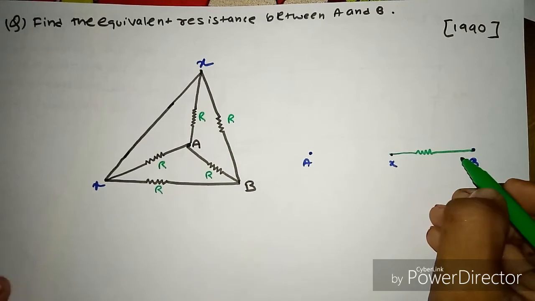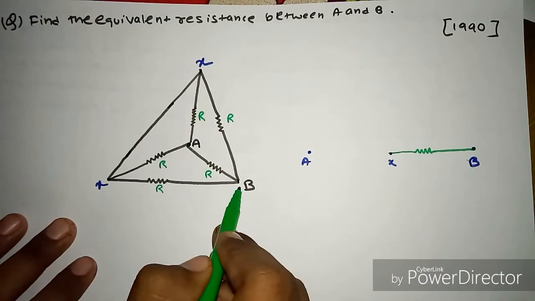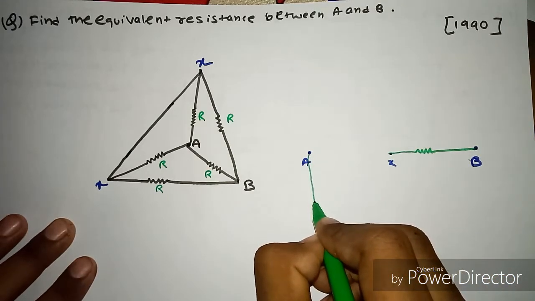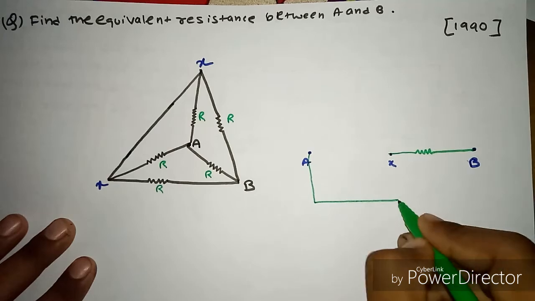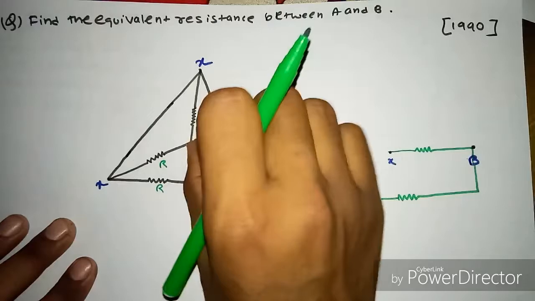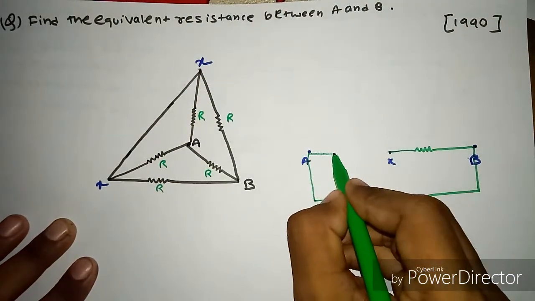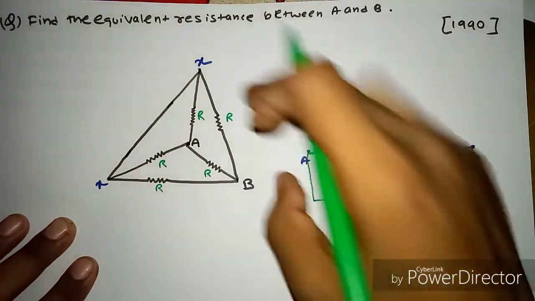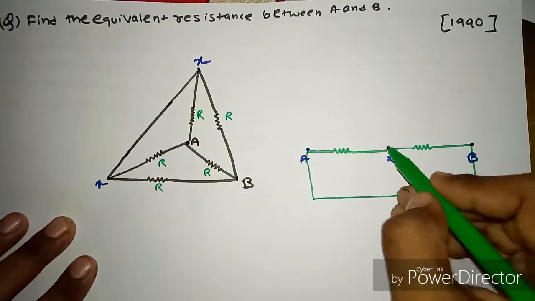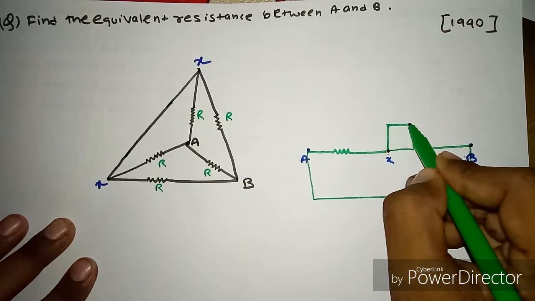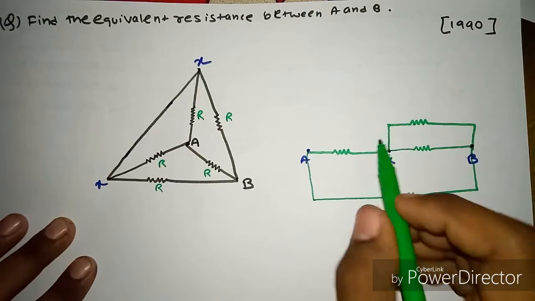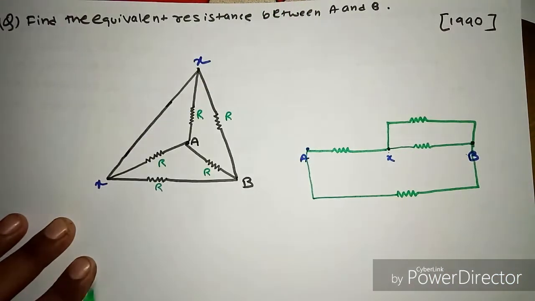Okay, so we have drawn the first circuit. Now between A and B, and between A and X, R. Now between X and B one more is there, so connected parallelly, and in between A and X one more is there.